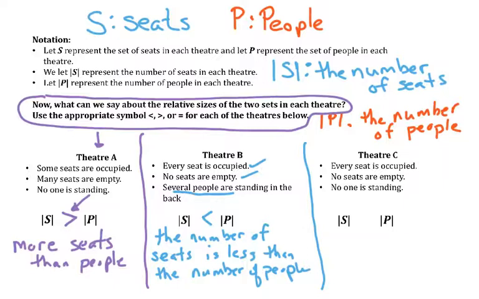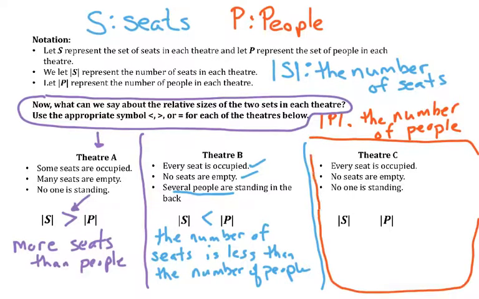Okay, now let's look at theater C. Here, every seat is occupied. No seats are empty. No one is standing. So there is a seat for every person, and every person has a seat. So these numbers are equal.